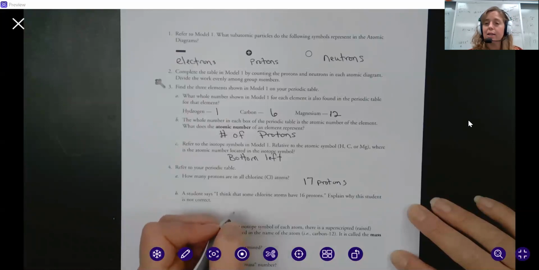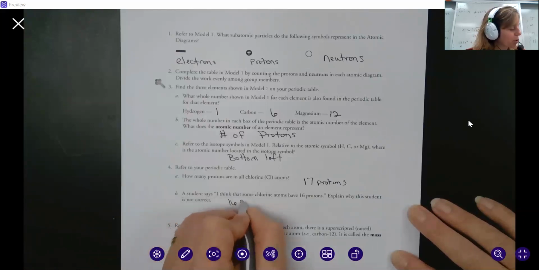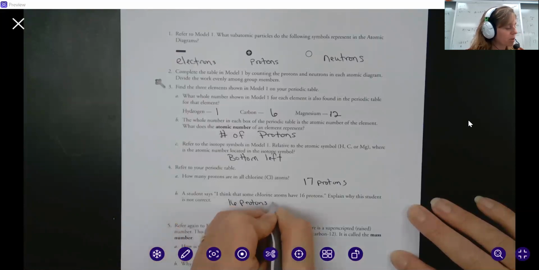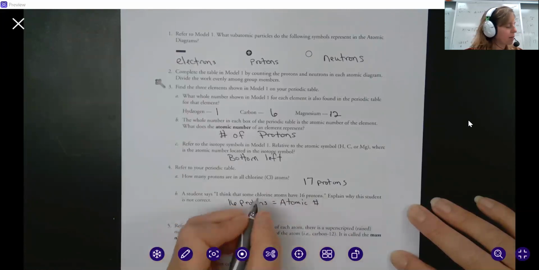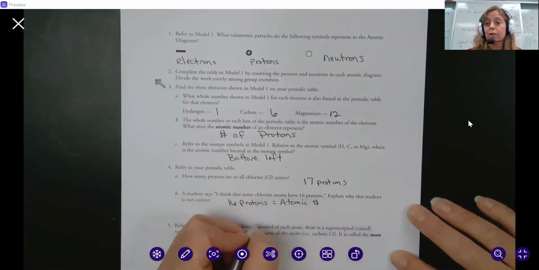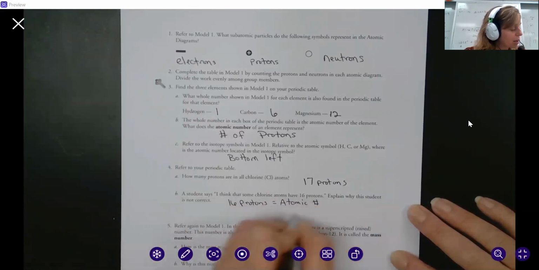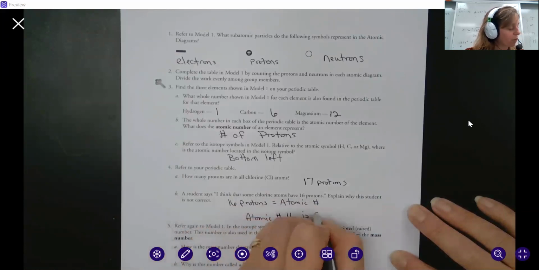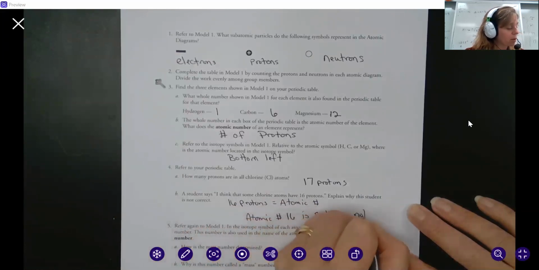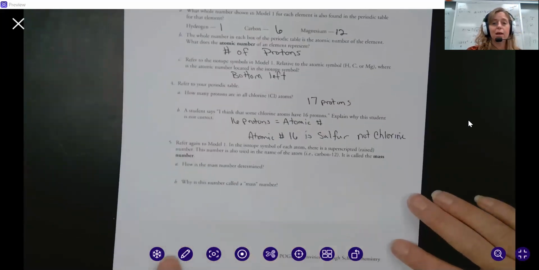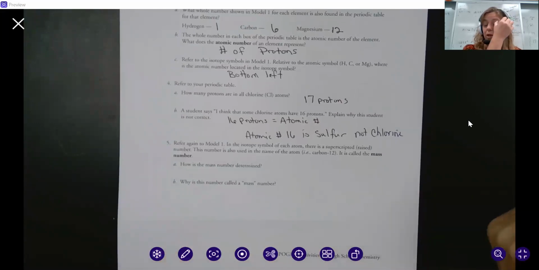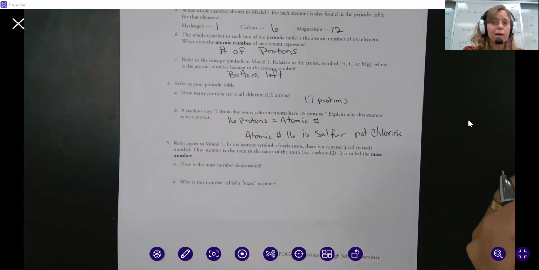If I said we had 16 protons, and that equals the atomic number, I go to my periodic table and find the element with the atomic number 16, and I'm going to see that 16 is sulfur, not chlorine. So that's why they are incorrect, because you can't change the number of protons. If you do, then you're actually changing the element itself, okay? So you can't do that.